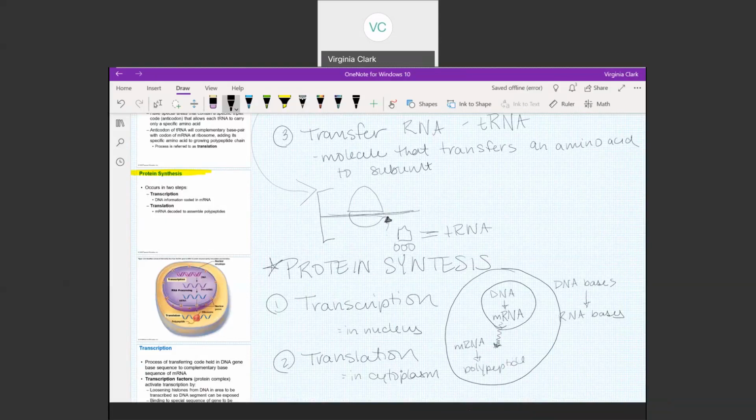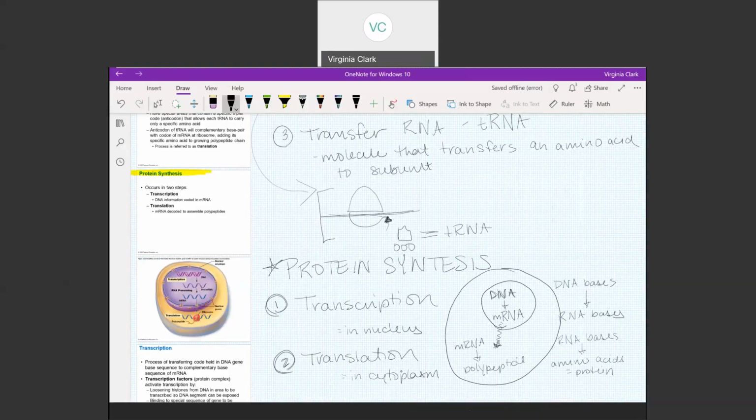This is going to happen in the cytoplasm, and I am going to start from my RNA bases and end up with my amino acids. And my amino acids are giving me my protein. So the process of transcription and translation are what give you DNA through a multi-step process to my protein here.